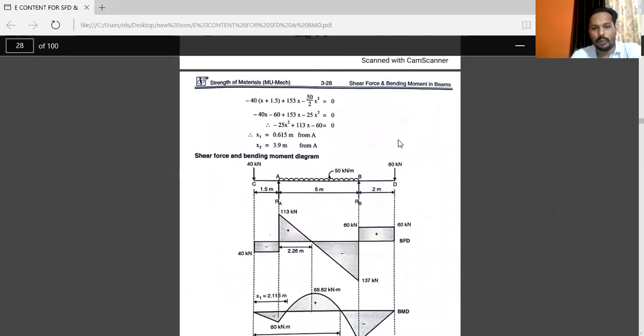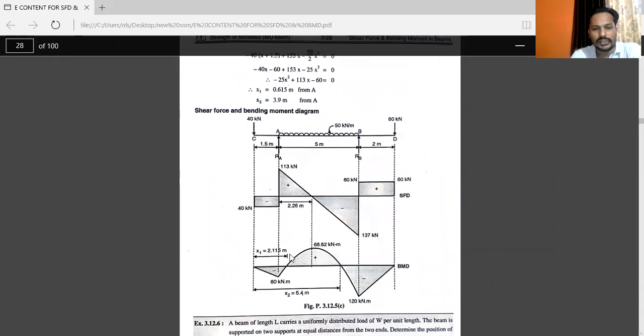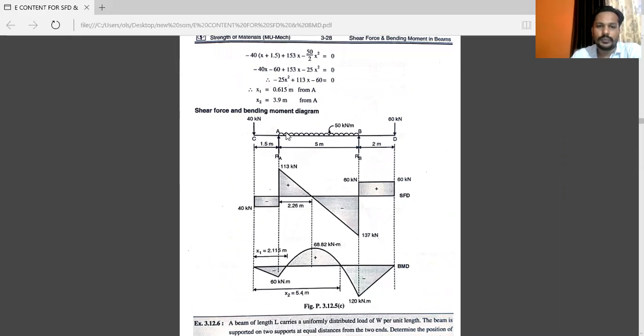This is very important point. You have to extend this point on the FBD. Here will be the section that will be XX. So see the cursor location. Just we are considering the point is here.